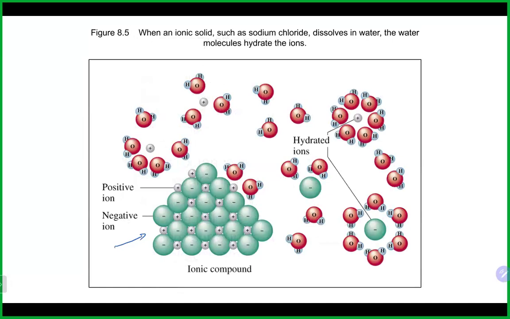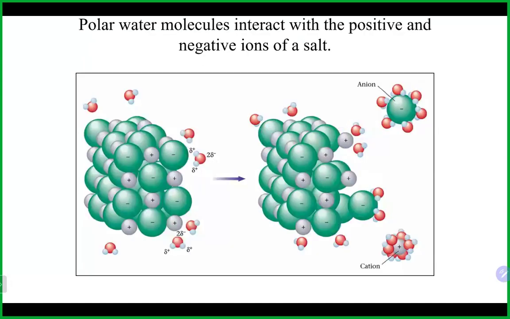It's just a big thing of all those ions stuck together. And even though that's an extremely strong attraction, there are so many water molecules that they're able to pluck them off, because there are so many of them that they overtake that charge. And as you can see here, as you mix it, you're throwing a lot of water molecules on that with a lot more energy, and that helps in the dissolving process.